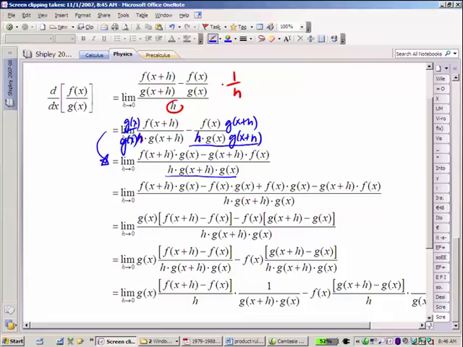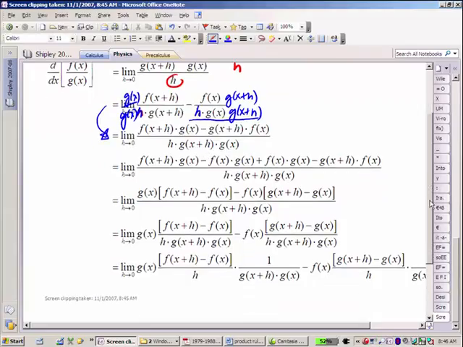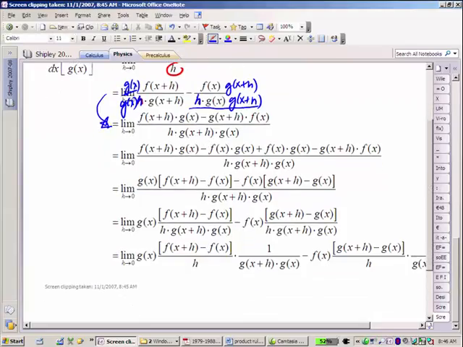And in the numerator we get f of x plus h times g of x minus g of x plus h times f of x. So far, so good? Okay. Next step. This is the clever step. This is the step that you might not think of on your own.